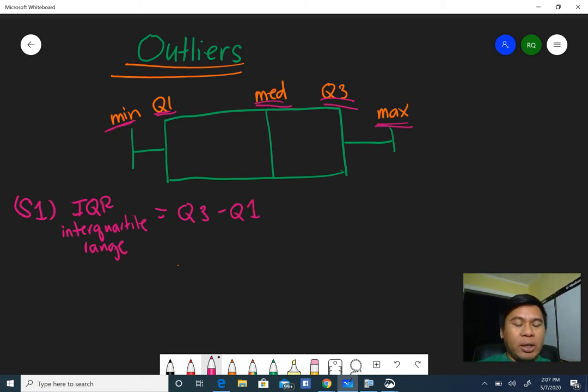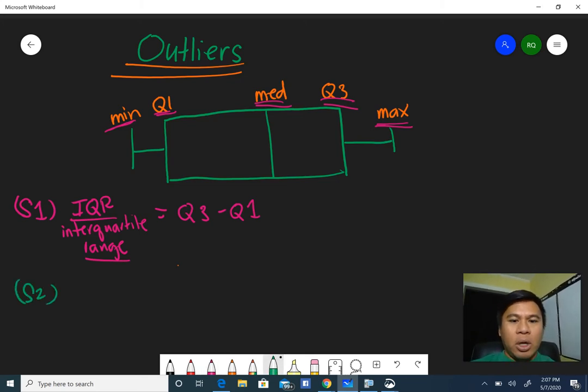Now, after getting the interquartile range, or our IQR, our next step, step two, is to consider first the outliers above, or higher values. To get that, the outliers are possibly somewhere beyond Q3 plus 1.5 times the IQR.